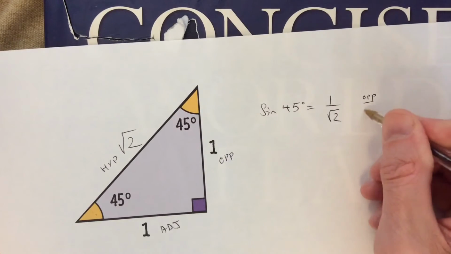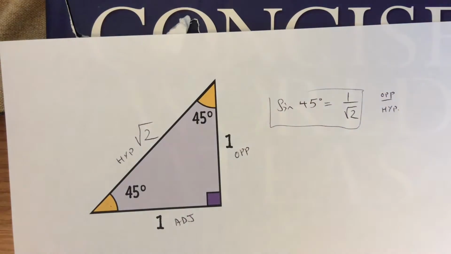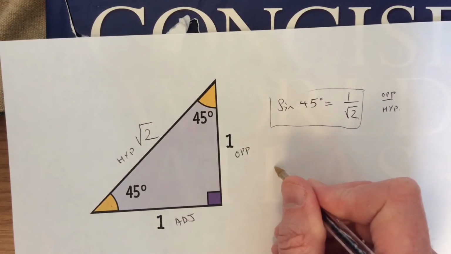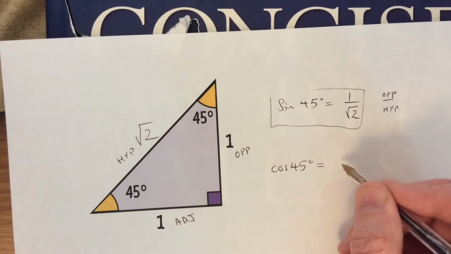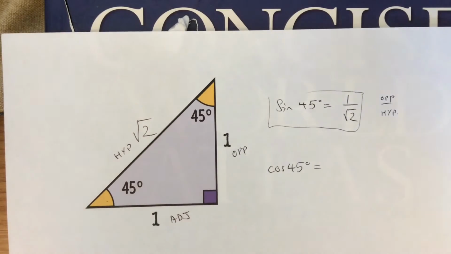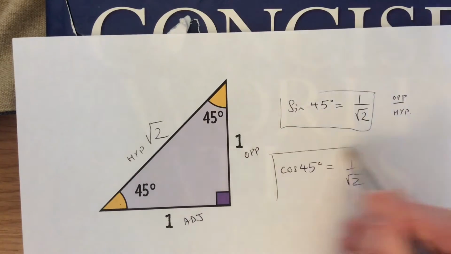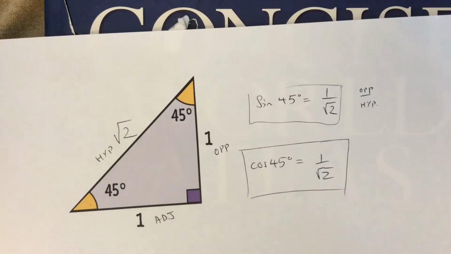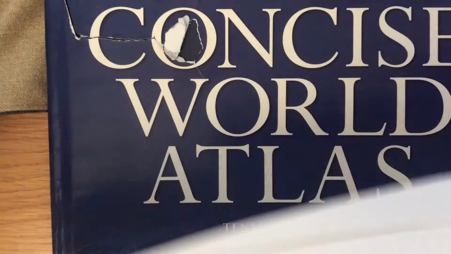Opposite over hypotenuse. You've got to know that. The cosine of 45 degrees, which is adjacent over hypotenuse, is the same, isn't it? It's this 1 over root 2 again. So it's 1 over root 2, and again, you will have to learn that. So they're the 3 for your 45 degrees. Moving on.